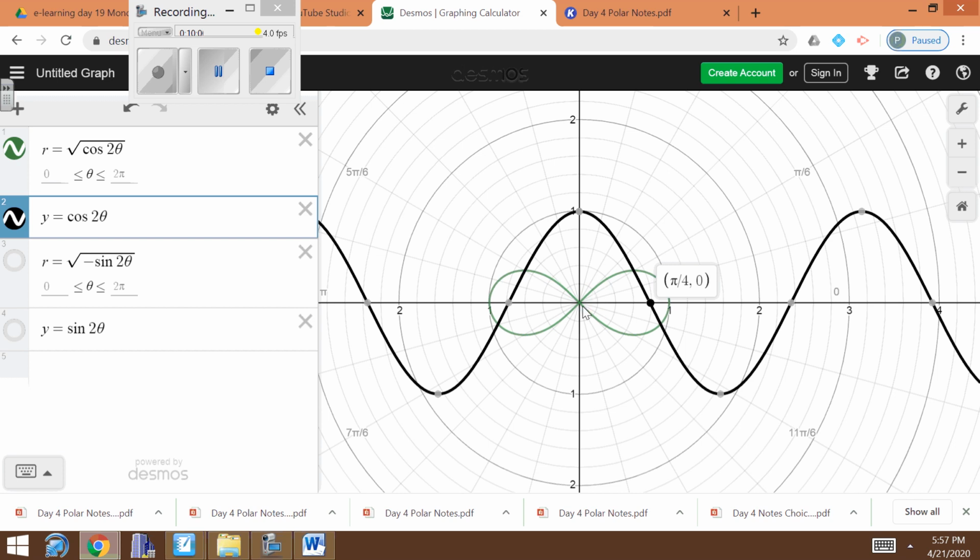If I took the square root of it, it would still be getting closer and closer to 0. So really this part along here essentially corresponds to this first part of our curve here.